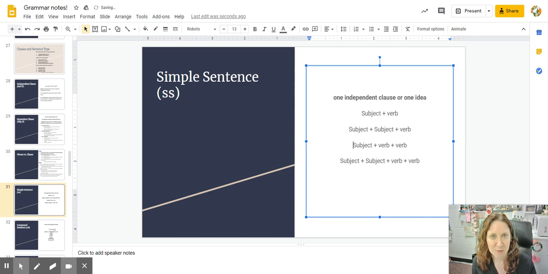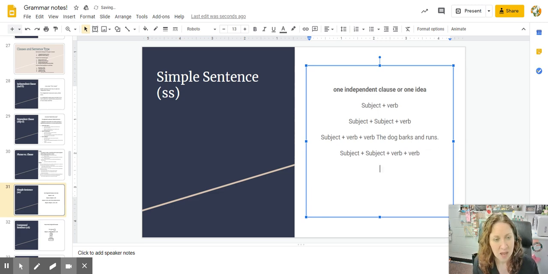I could also have the dog being one subject by itself doing two different things, which would be barks and runs. Finally, I could have two subjects and two verbs, and I could say the dog and cat run and play. In this case, I've got two subjects and they're doing the exact same thing. All of these are simple sentences. It's one singular idea altogether.